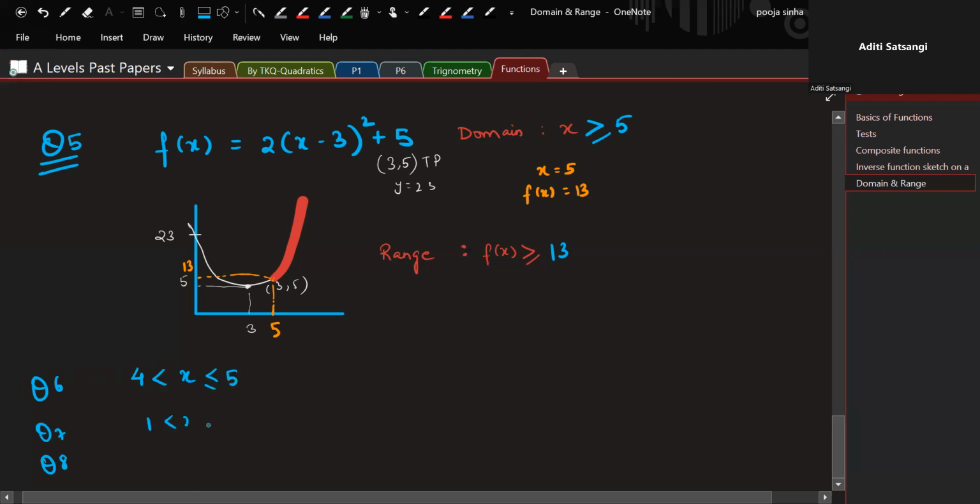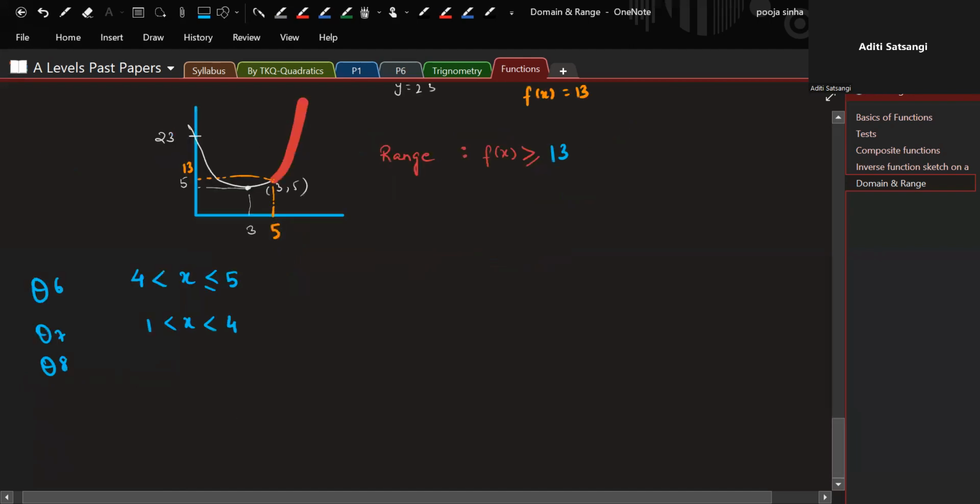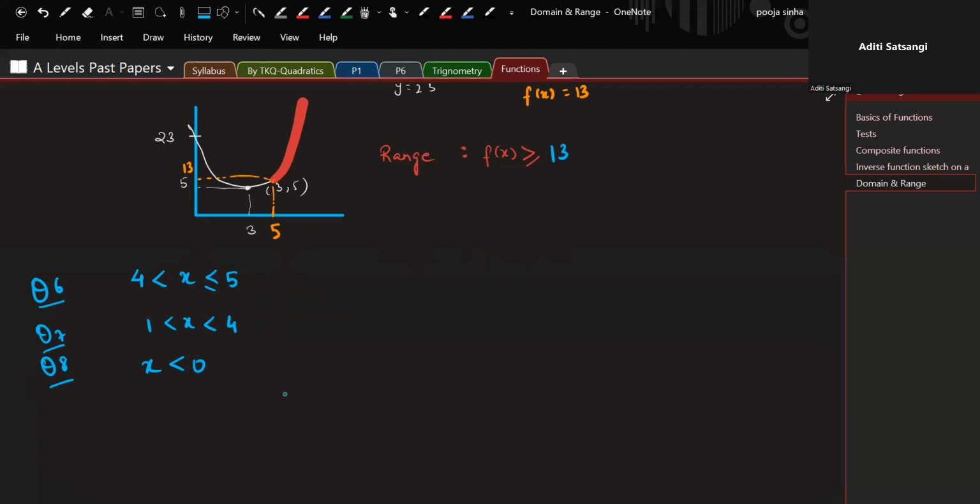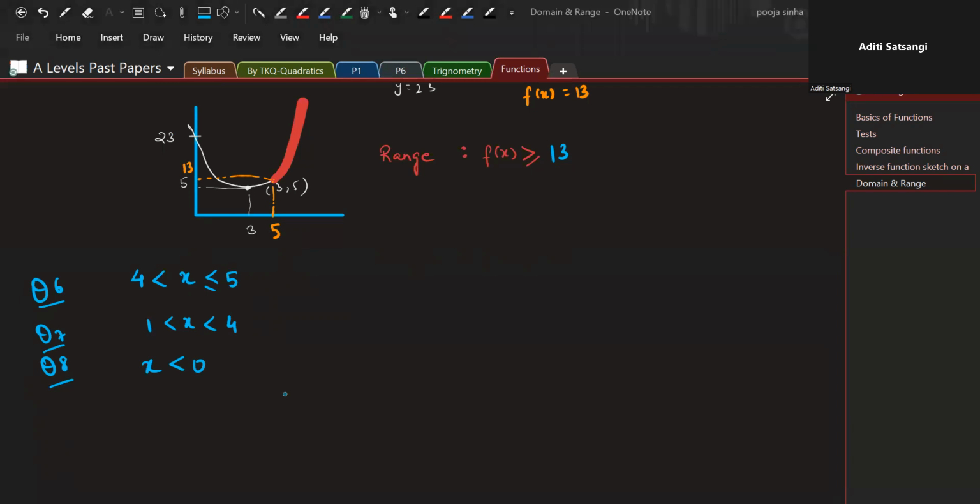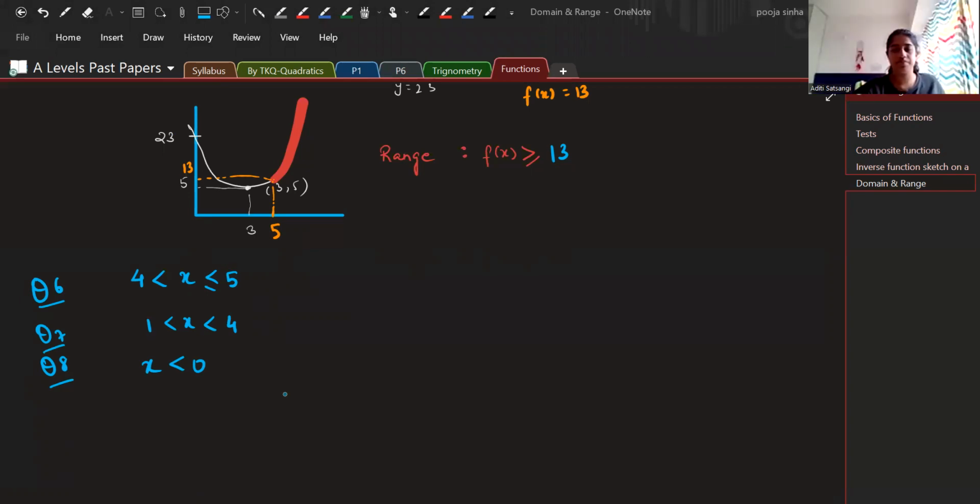1 to 4, that's your domain, and for the third one, x is less than 0. ठीक है? This is for domains, you have to tell me. इन तीनों का range बना करके draw करके मुझे दिखाना है आपको. ठीक है? Your video is off. Draw करके फिर मुझे दिखाना. Switch on the camera. Give me a moment.